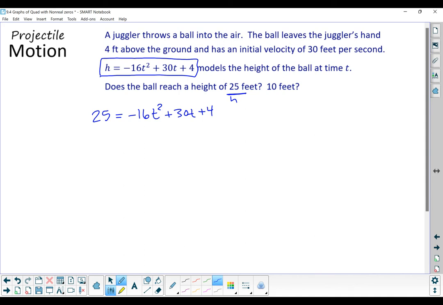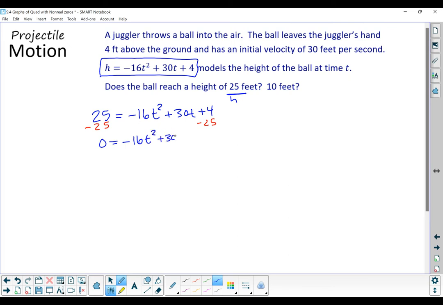And let's just solve this equation. If we can find a time that this equation is true for, then we will know that it hits that height. So we're going to start by subtracting 25 because we want our quadratic to be equal to 0 so that we can apply the quadratic formula.